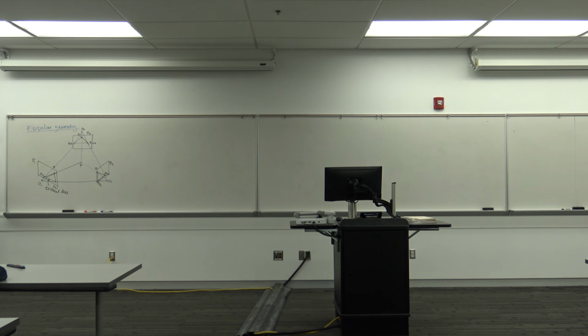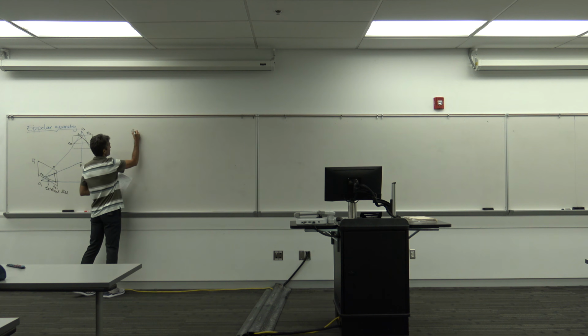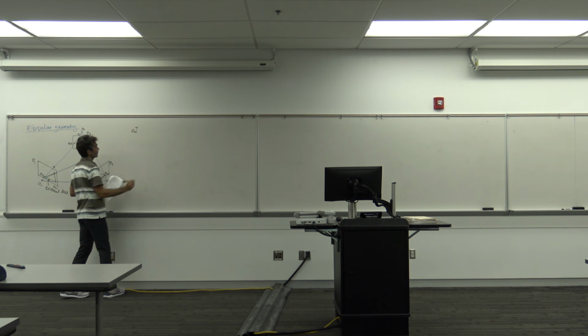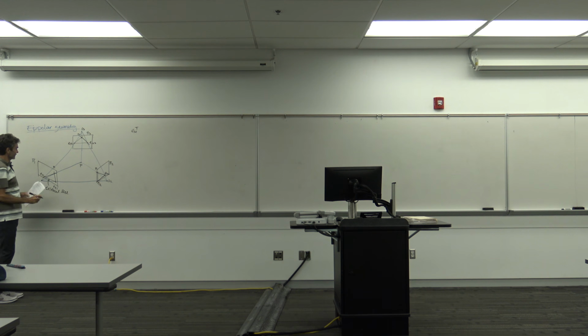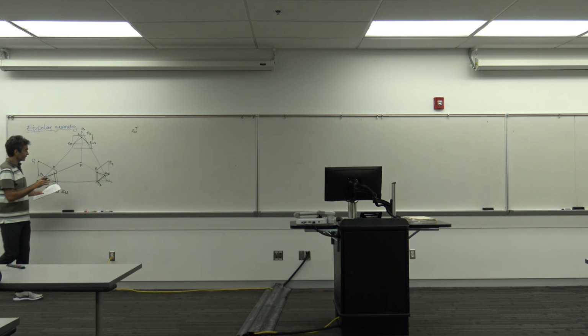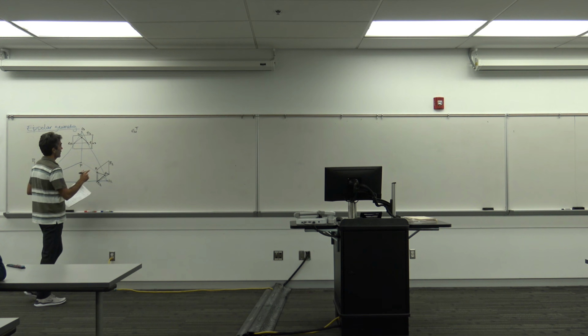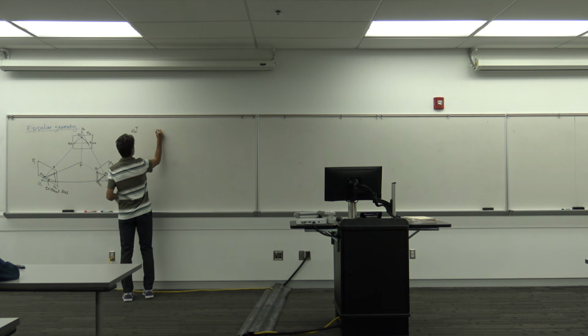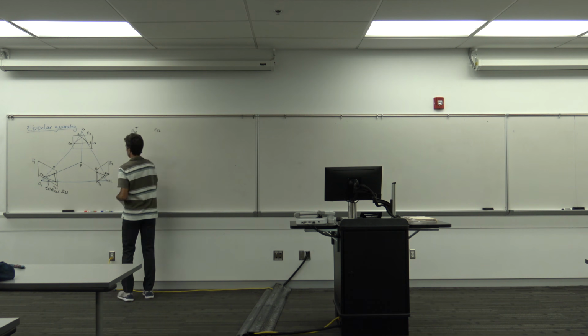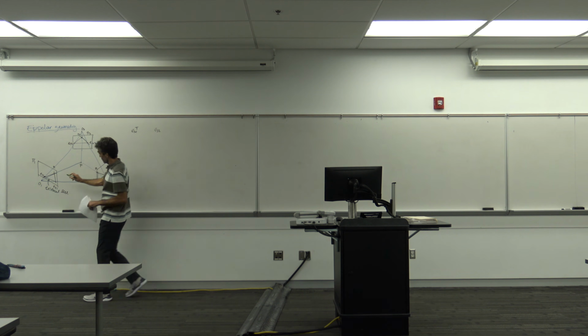Okay, now let's look at this. I'm going to start with the epipole E31, which is this one right here. I'm going to use 3,1 and 3,2, which is here and here.